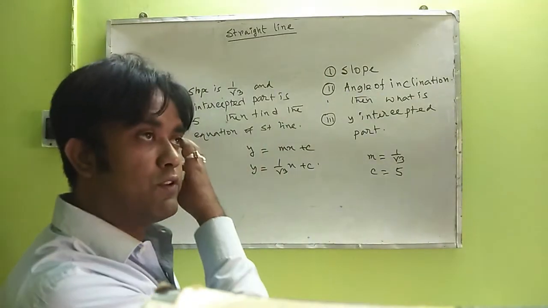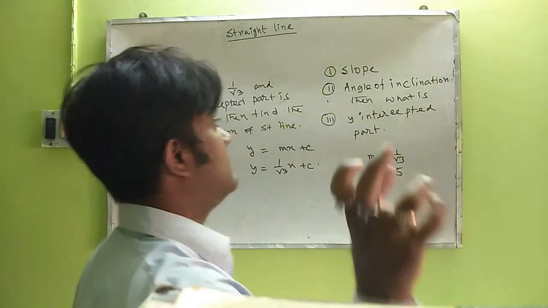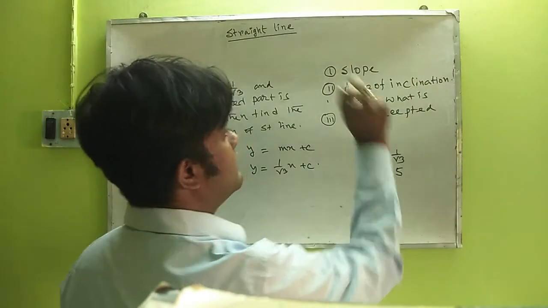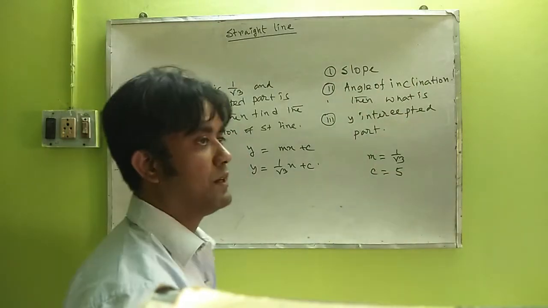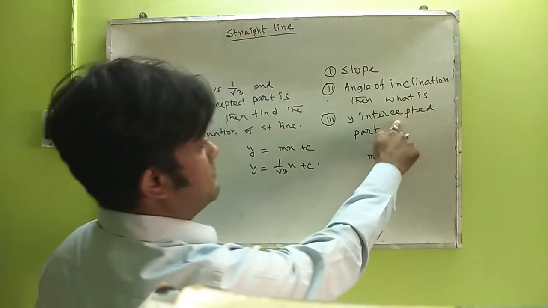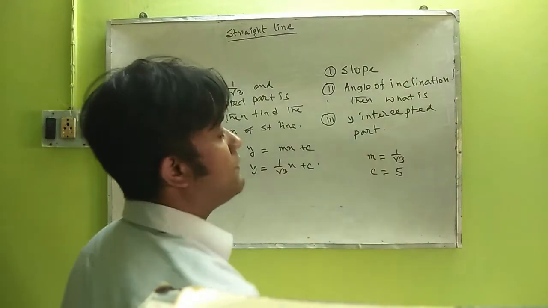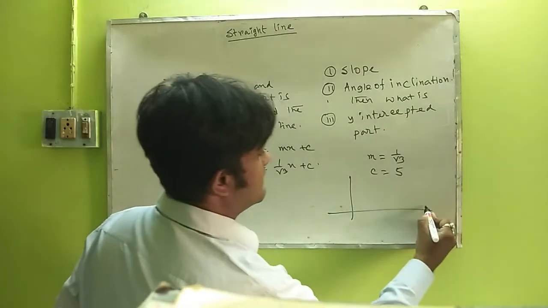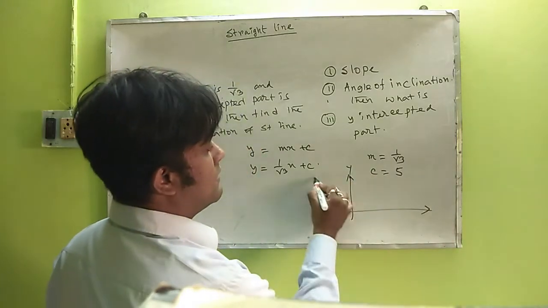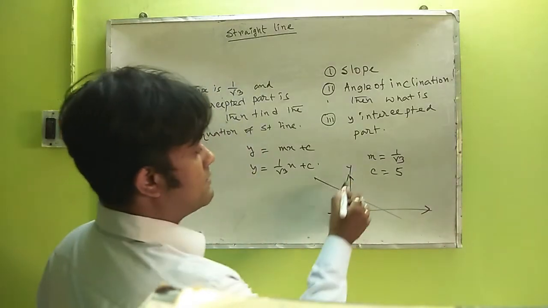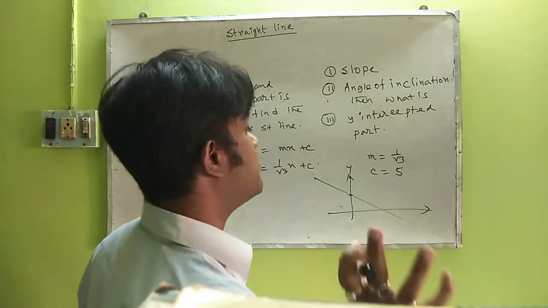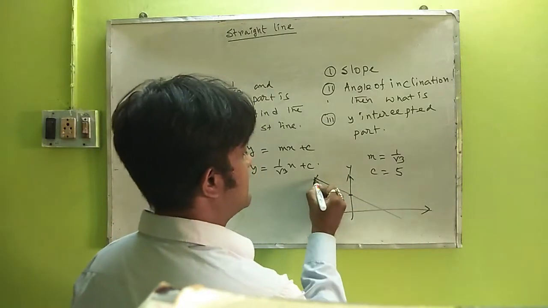So what is important from the first two concepts? You have to know about slope, about angle of inclination and about y intercepted part. What is y intercepted part? It means that if a straight line, suppose this is x axis and this is y axis, and a straight line intercepts y, to find y intercept, we put x is equal to 0 in the straight line equation.